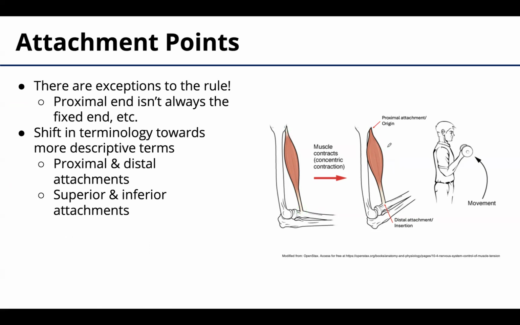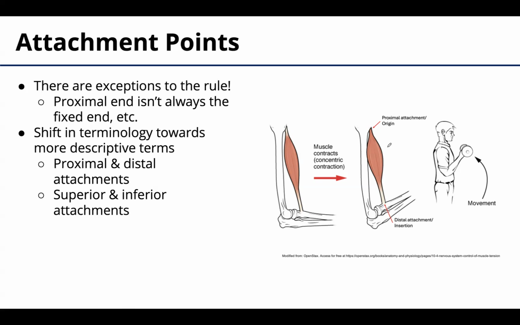Now, I mentioned that there are exceptions to the rule. Say during flexion of the shoulder joint, which biceps brachii plays a small role in, the origin or proximal attachment is the moving part. So that doesn't really fit with the more traditional terminology of origin and insertion anymore. Therefore, there's been a shift in terminology towards more descriptive terms, such as proximal or distal attachment.